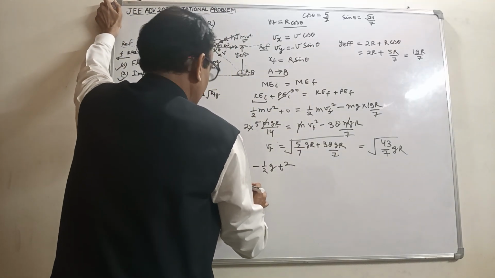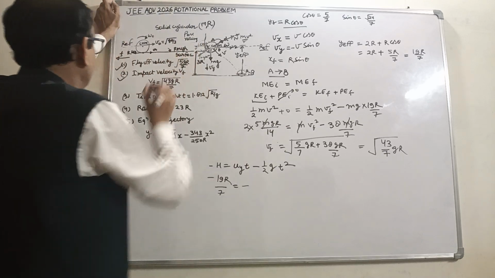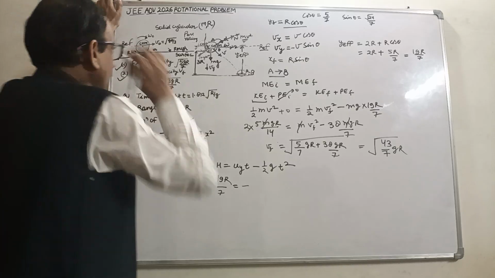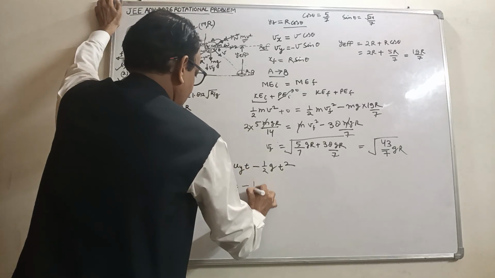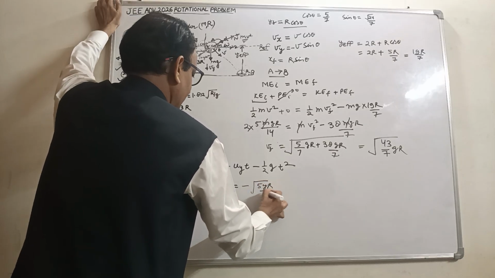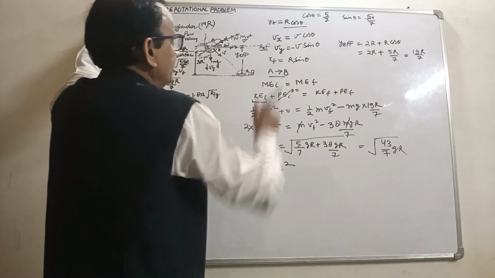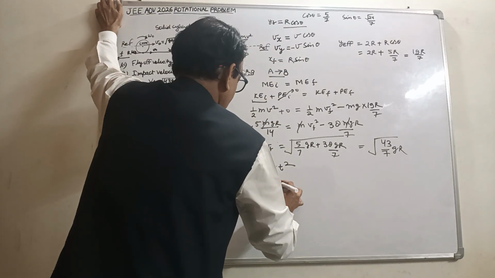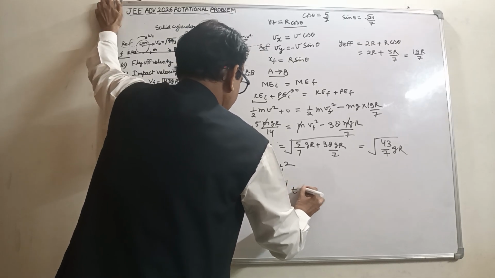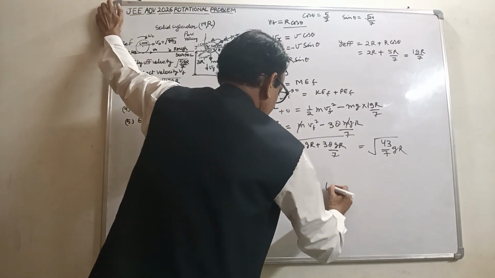Placing the value, v is root 5 gr by 7, into sin theta, and sin theta is root 24 by 7, into t minus half g t square.